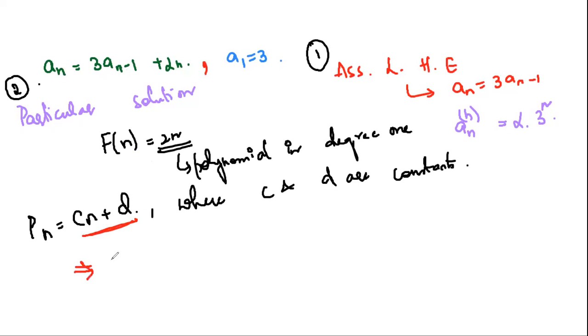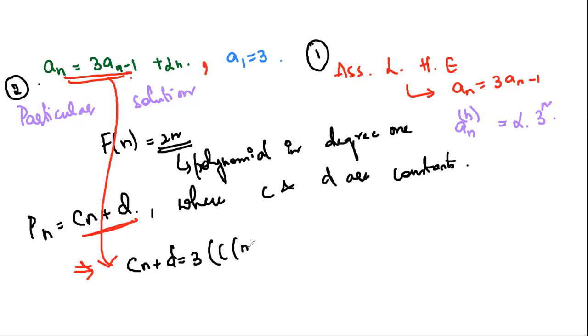Now this can be written as our original equation: cn plus d is equal to 3 into c into n minus 1 plus d, plus 2n. Why am I writing n minus 1? Because we have a n minus 1 over here.